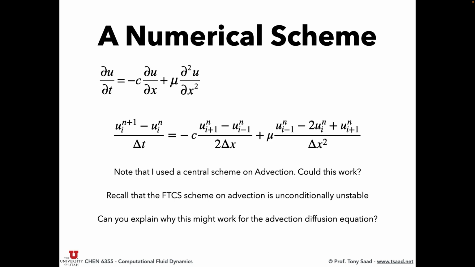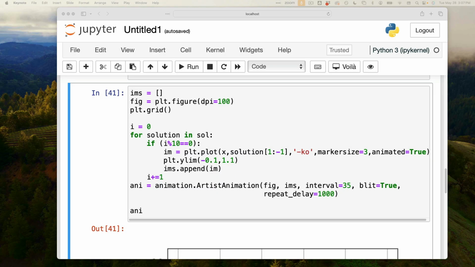That's why you can get away with central on advection, we will show that, because you have a diffusion term. But it needs to be the right balance. And again, there's going to be a condition on the time step size for both the advection and diffusion terms, and it's going to be incredibly more complex. But first, let's just get our hands dirty and Pythonify this. Okay, let's go ahead and Pythonify it.